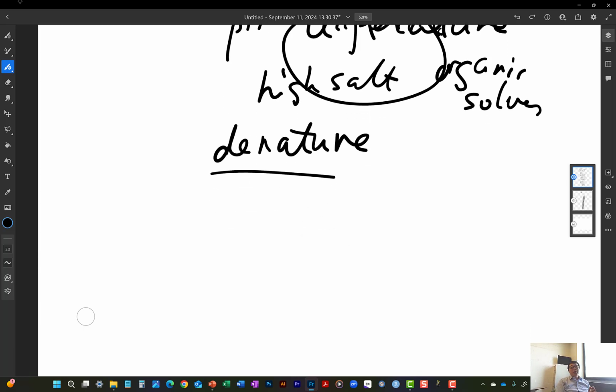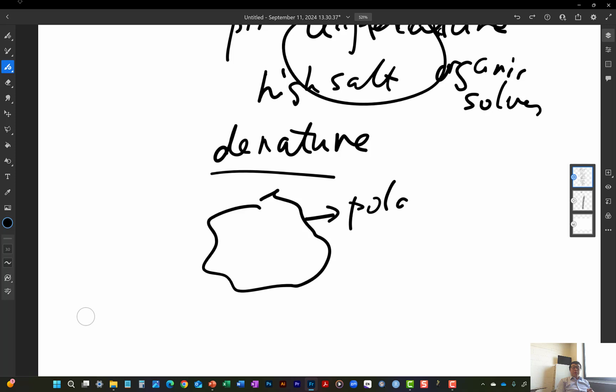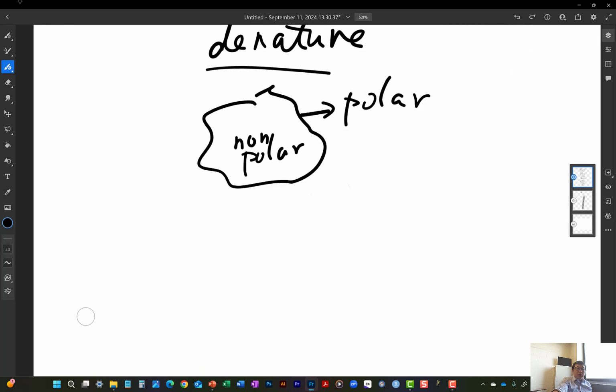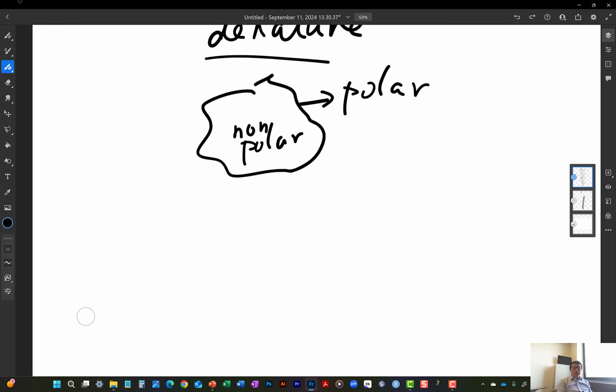And when denature happens, many things happen. For example, denature may destroy the bisulfite bonds. And one more thing about denature is, let's say there is a protein here. On the surface are polar amino acids. In the center are nonpolar amino acids. When denature happens, in some cases, the nonpolar ones are exposed. This is a regular one, and when denature happens, the nonpolar parts are exposed outside.